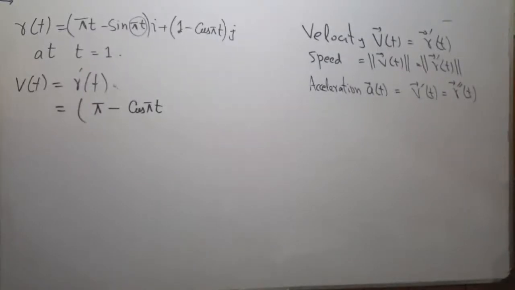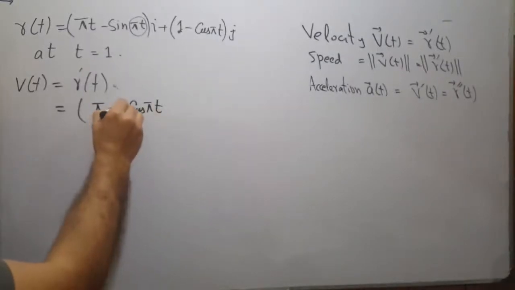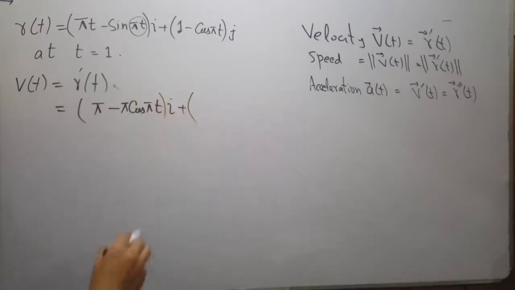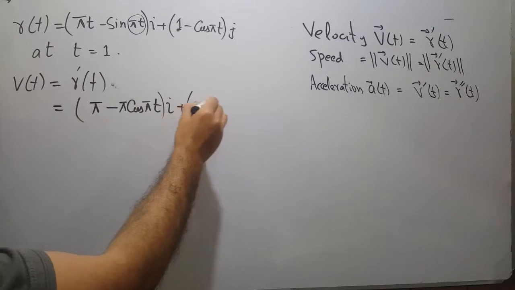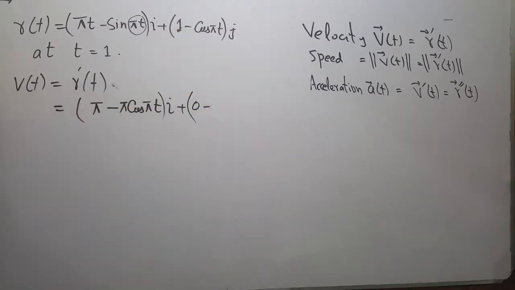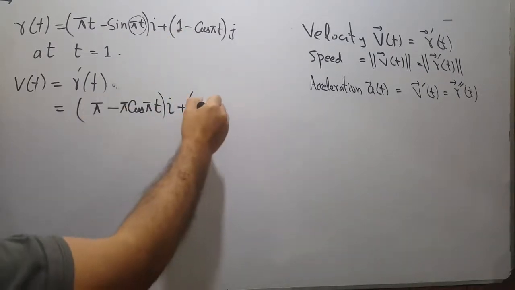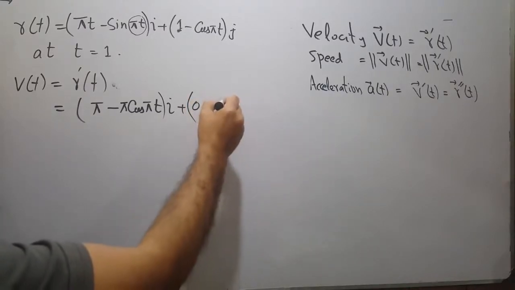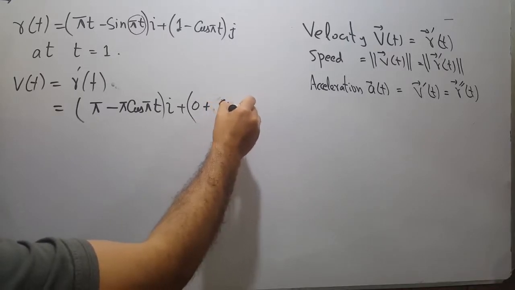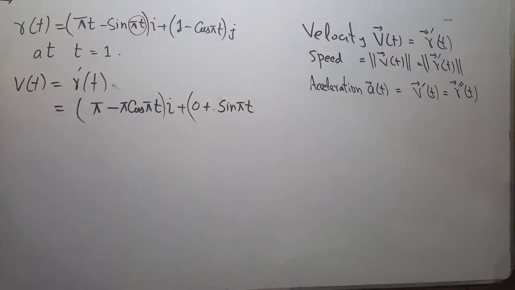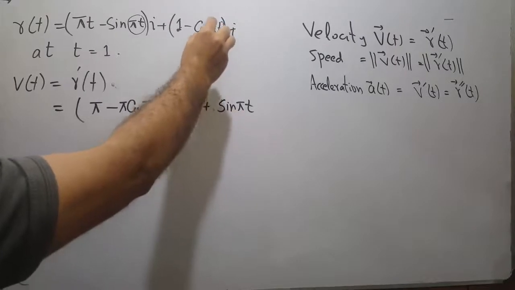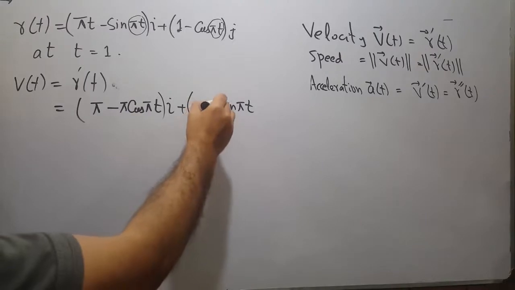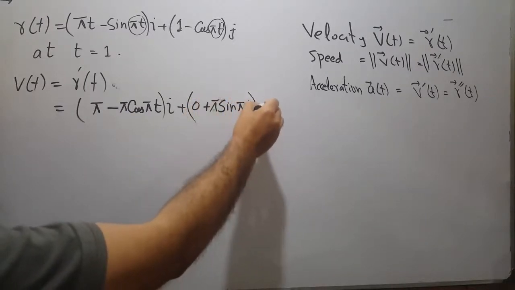The inside derivative would be pi, so you multiply that pi over here and you have an i over here. Now the derivative of 1 is 0, minus the derivative of cos is minus sine, so that minus minus becomes plus sine pi t, and then you find again the derivative of the inside one. That pi t derivative is pi, so we multiply that over here, and that is our j.